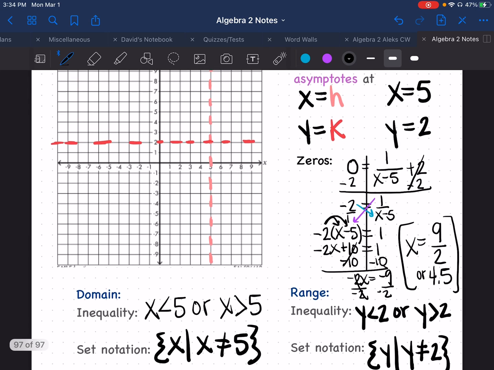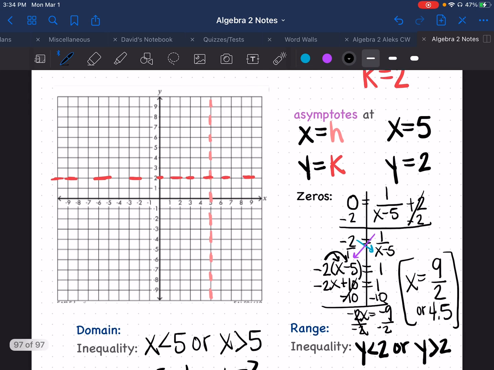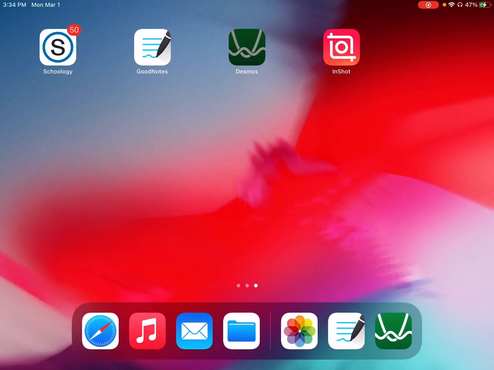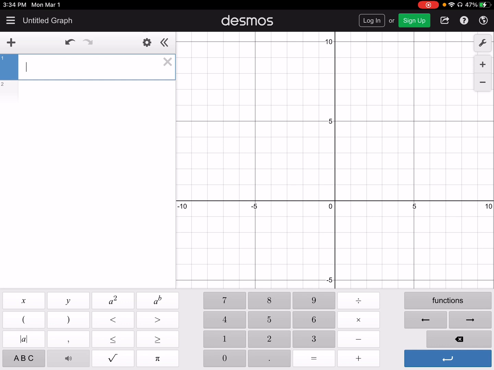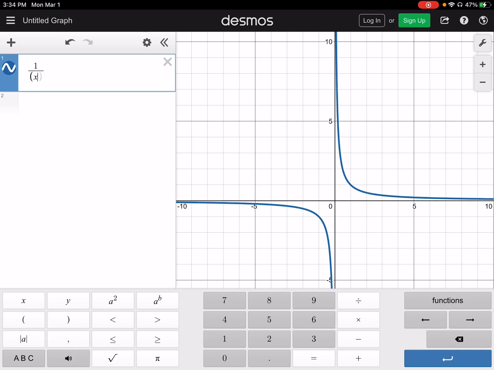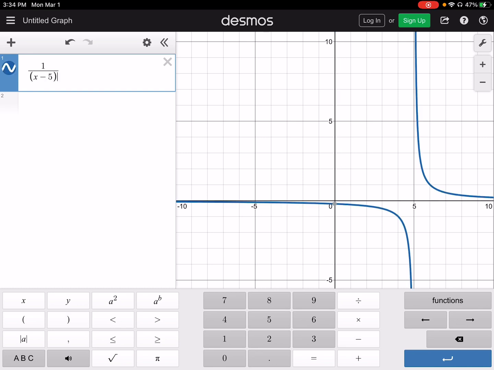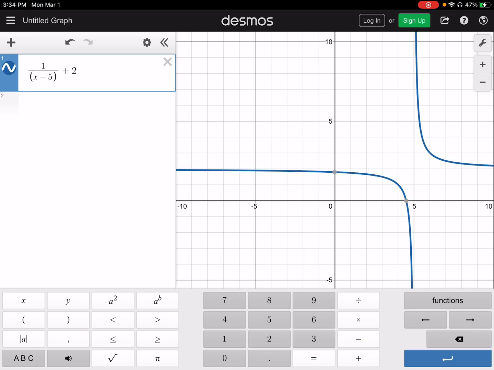Let's go ahead. The last thing we need to do is find our points to plot. And I have to admit, this one isn't the best, but here we go. -5. Make sure you get out and then add the 2 at the end. There we go.